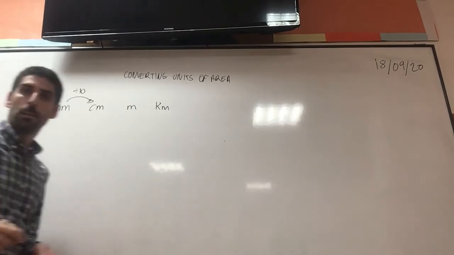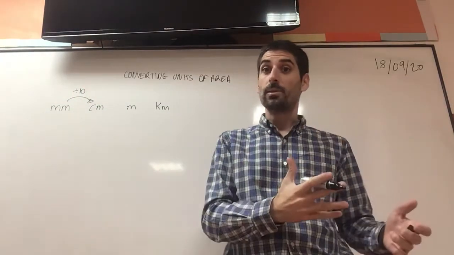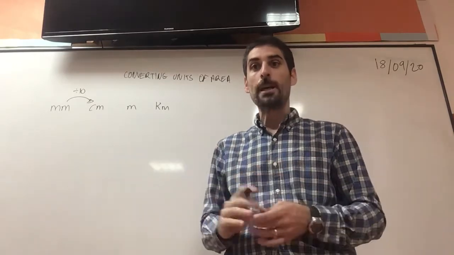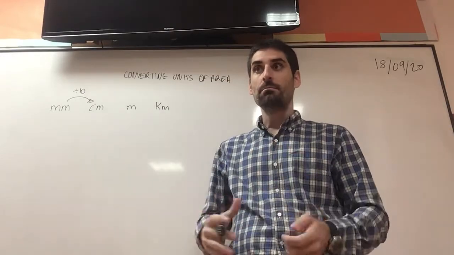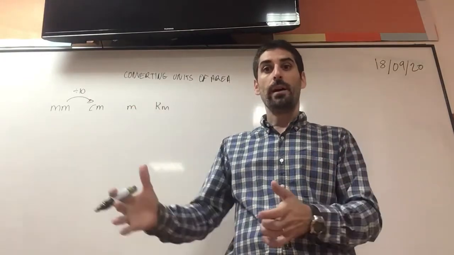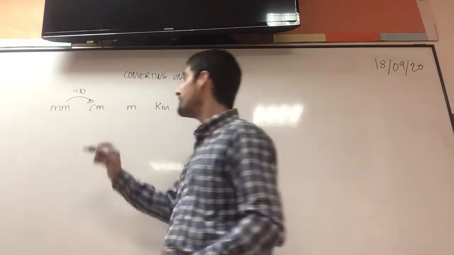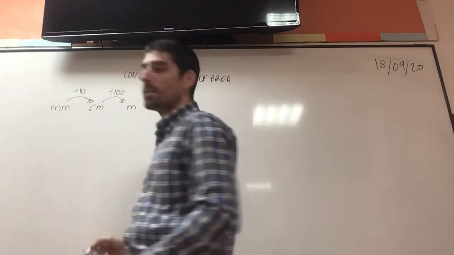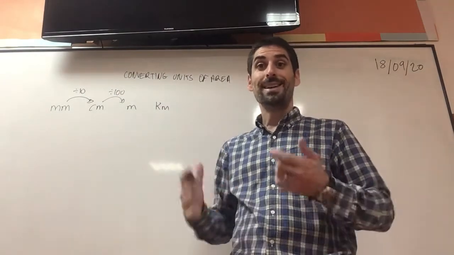How many centimeters does it take to make 1 meter? You should remember the answer is 100. So how do I go from centimeters to meters? Every 100 centimeters is 1 meter, so we divide by 100. And finally, how many meters in 1 kilometer? The answer is 1,000.